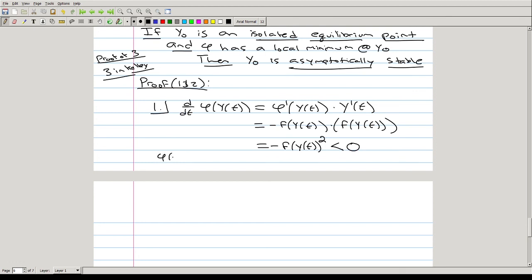So phi of y of t is strictly decreasing with respect to t.